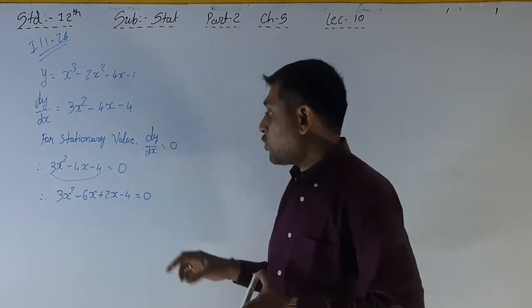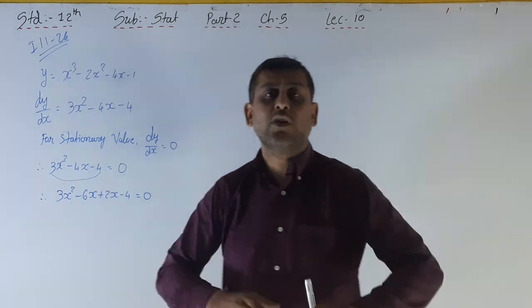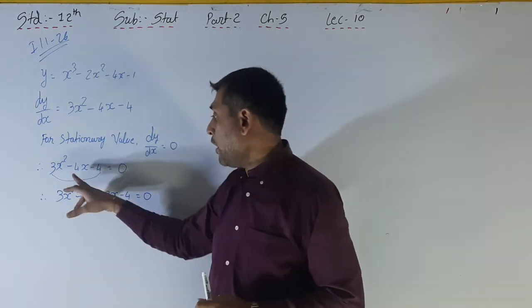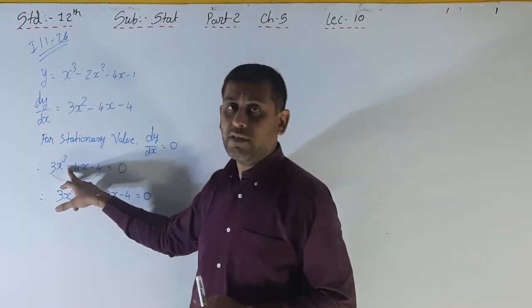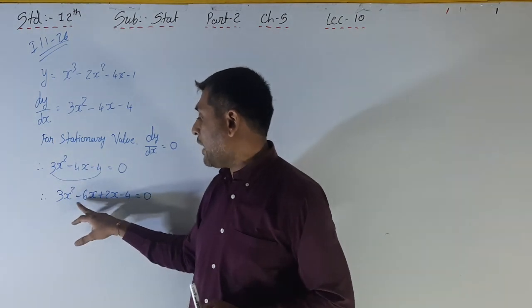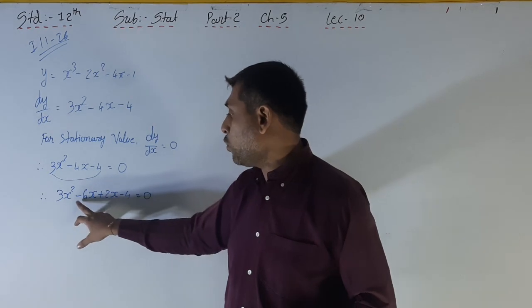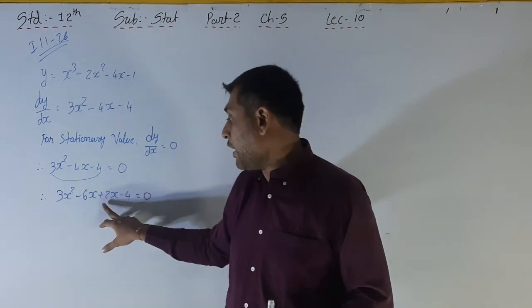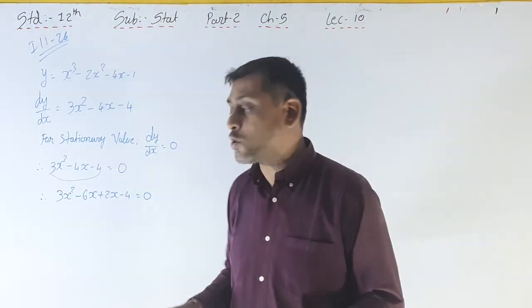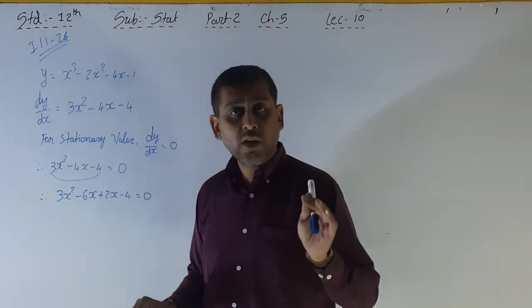The factors of 12, 3 4s are 12, the factors of 12 is 6 2s are, but here the minus sign is there, that's why we have to give the minus sign to the highest value, that is 6 2s are 12. So we have to put 6 as a minus and 2 as a plus. Minus 6 plus 2, the answer is minus 4.